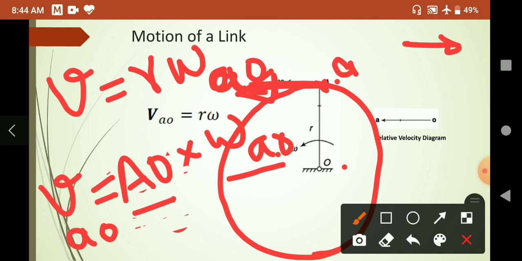So this is how we find the velocity of A relative to O. That is, we need to find the magnitude and direction of velocity. Now, this magnitude and direction, we need to represent graphically. So that is what we are going to see now.